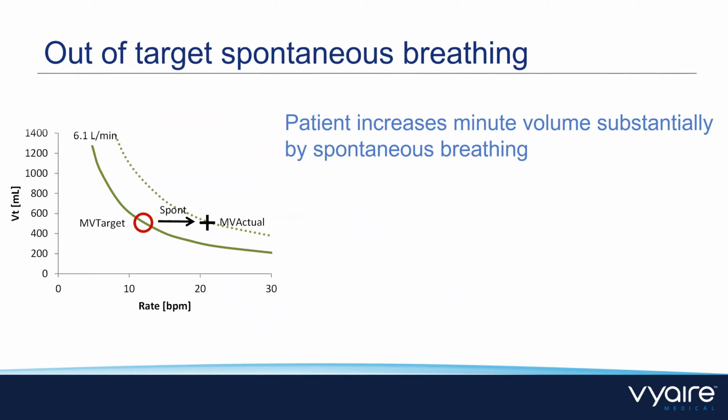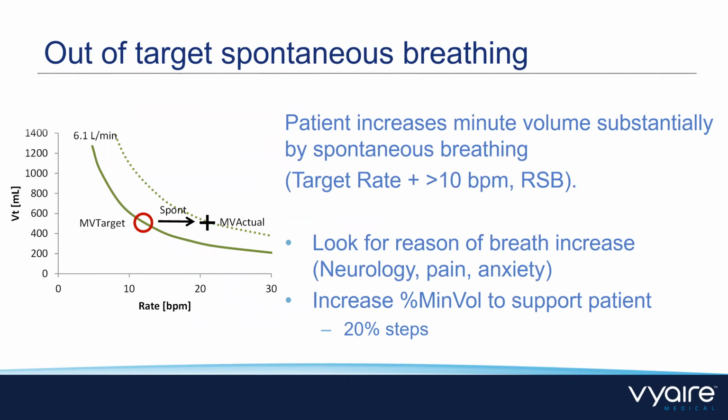As I said already, there is the difference between actual breathing and the patient moves away from the target. I would always say the target rate, if the target rate is 15 and the patient is breathing more than 10 breaths per minute above the target rate, you should look for a reason. Why is the patient breathing that way? Is he still comfortable?